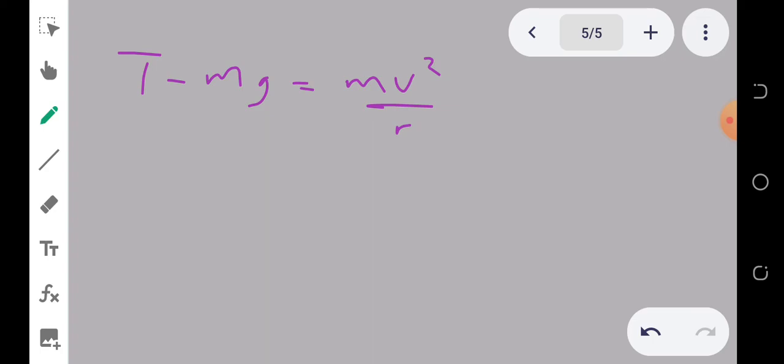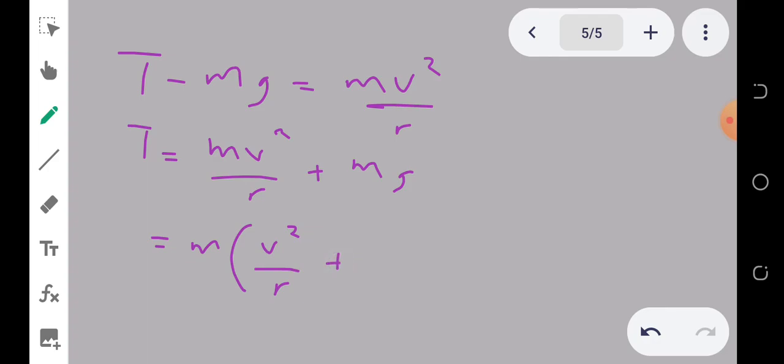They have asked us to find the tension force. Therefore the tension force is equal to m v square over r plus mg. I can factor out m, so it is m times v square over r plus g.